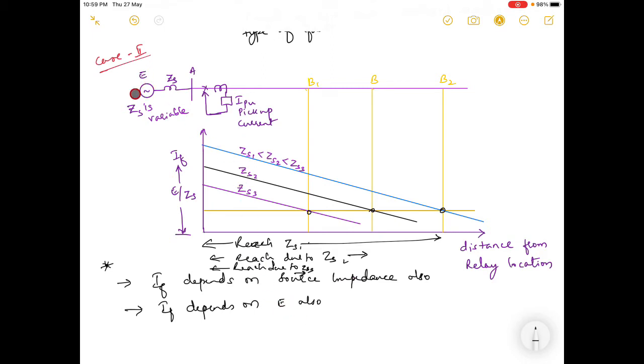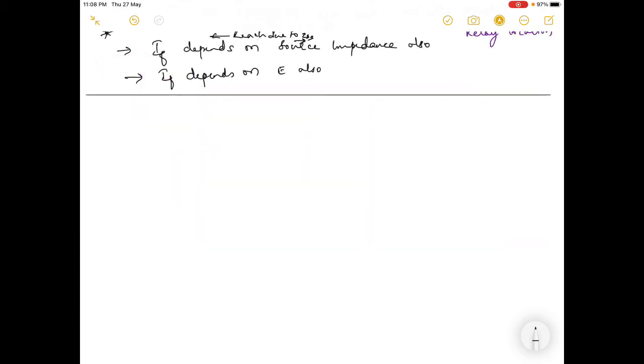If any relay is not dependent on these parameters, then we can select that relay. Now let us see a distance relay, which overcomes these disadvantages, that is, these dependencies on E, ZS and types of fault.